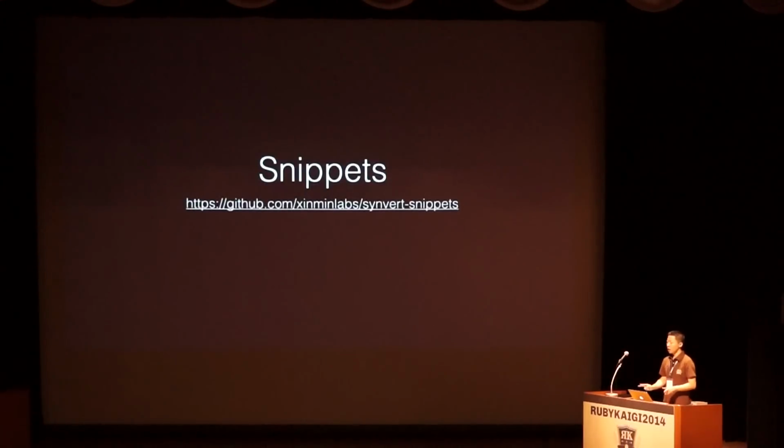Synvert has 2 parts. It has the synvert core. In synvert core, it will add attributes to AST node. It will define the DSL, but we still have the synvert snippets, which build on the top of the synvert core. It just writes the snippets to write the code.